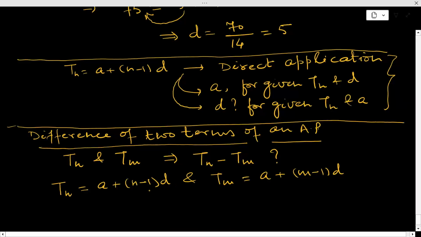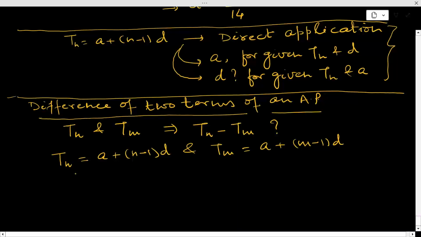So we are using the same formula, the formula of the general term, where of course a is the first term and d is the common difference. So if you are finding Tn and Tm, again let us assume that n is greater than m.